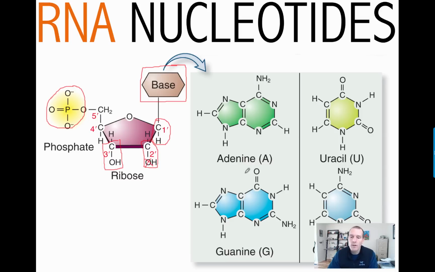So let's look at the 4 bases that we see in RNA nucleotides. RNA, like DNA, has adenine, it has guanine, and it has cytosine. But what you see is that the thymine that you see in DNA is replaced with uracil. So if you see a chain of nucleotides, if you see a nucleic acid that contains uracil, you know that it's RNA.